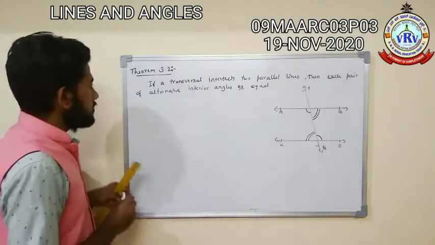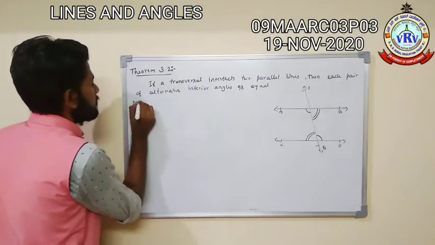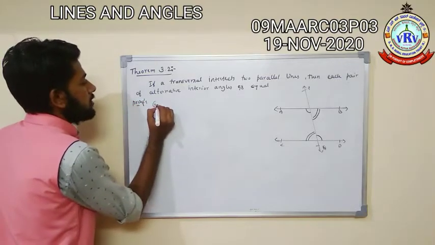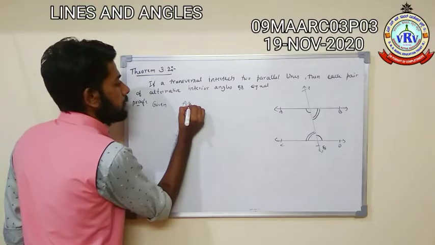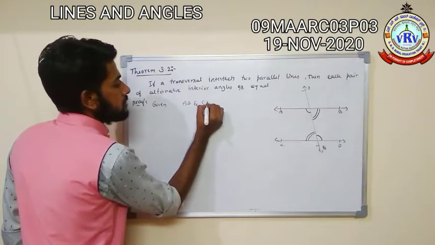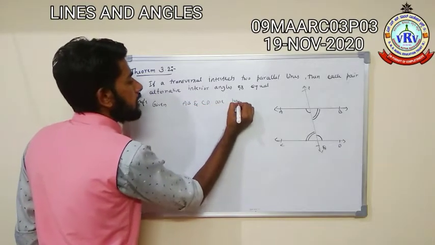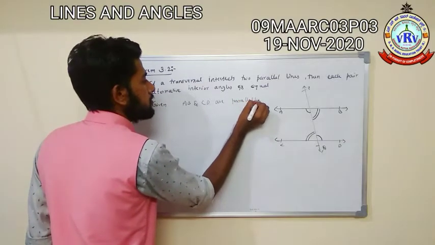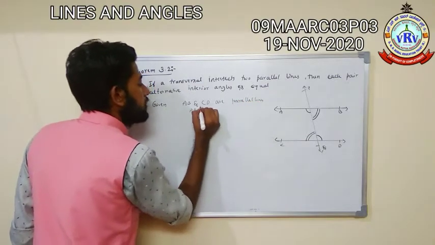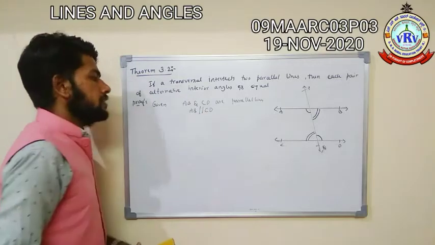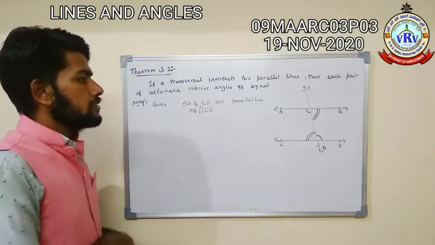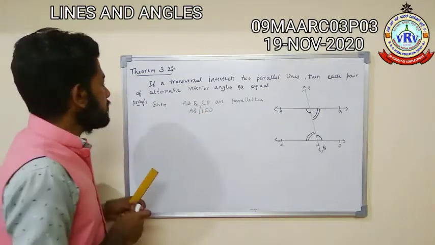What is given? The proof of this theorem is like this. Given AB and CD are parallel lines, or you can write AB is parallel to CD. Okay, these are given. What we have to prove?